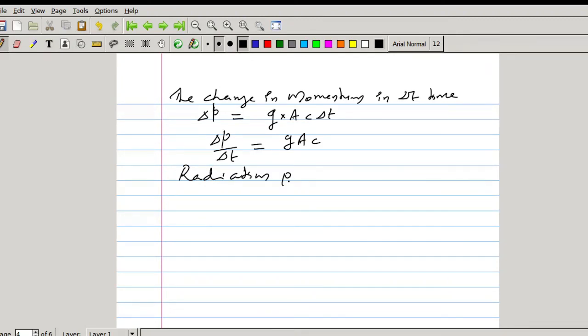Radiation pressure, capital P. I am giving capital P for radiation pressure, small p for momentum, and G for momentum density. So radiation pressure will be force by area. So it will be 1 by A into force, which is delta P by delta T. So dividing this equation by A, we will be having CG. So radiation pressure is CG.